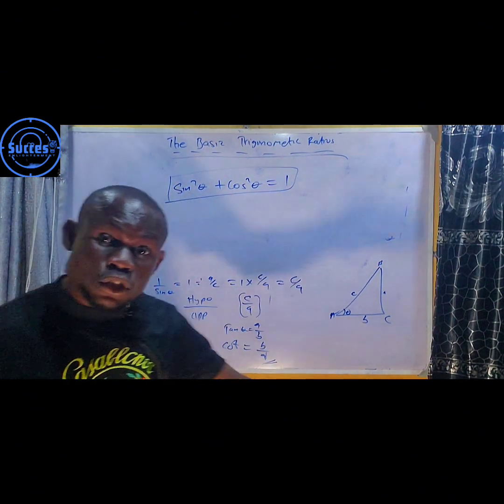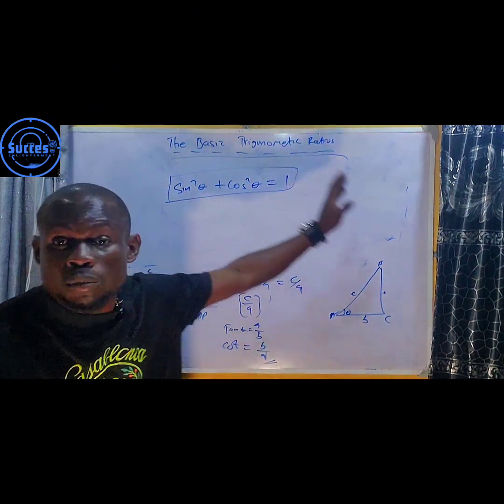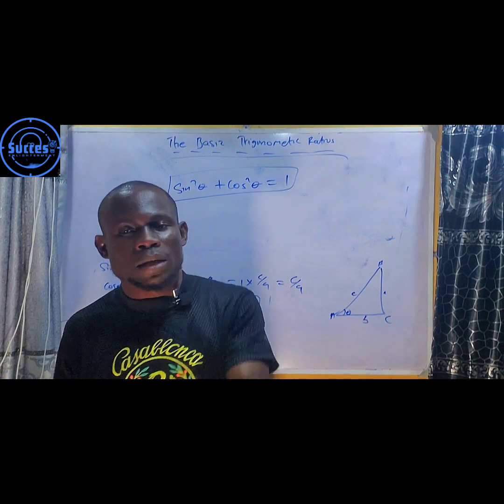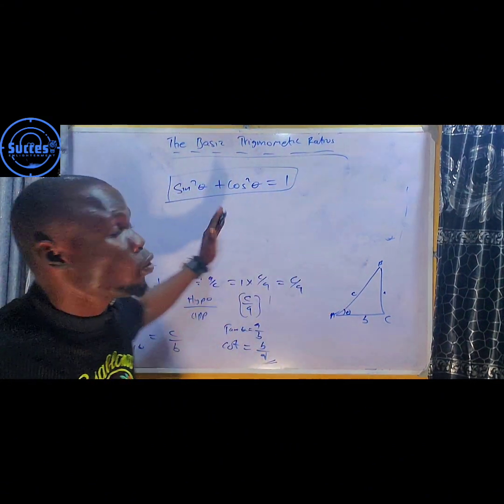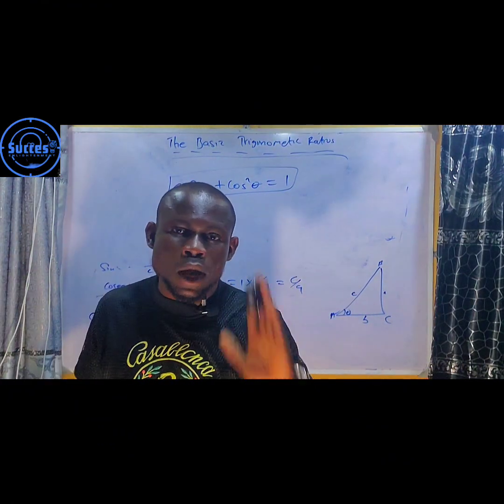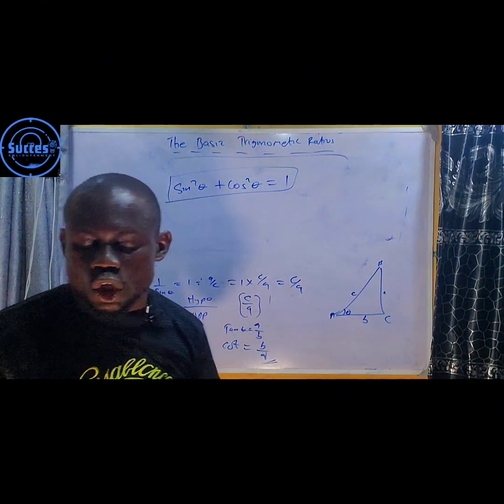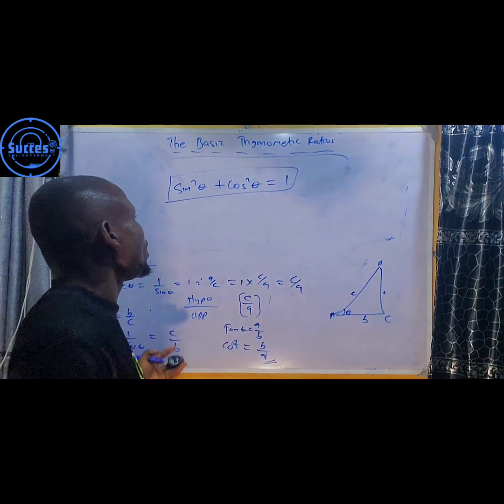Now I will do a separate video where I will not just list these trigonometry's identities, but I will prove them. You will know how sine square theta plus cos square theta comes to be equal to 1. But that will not be in this video, so we treat that in another video.